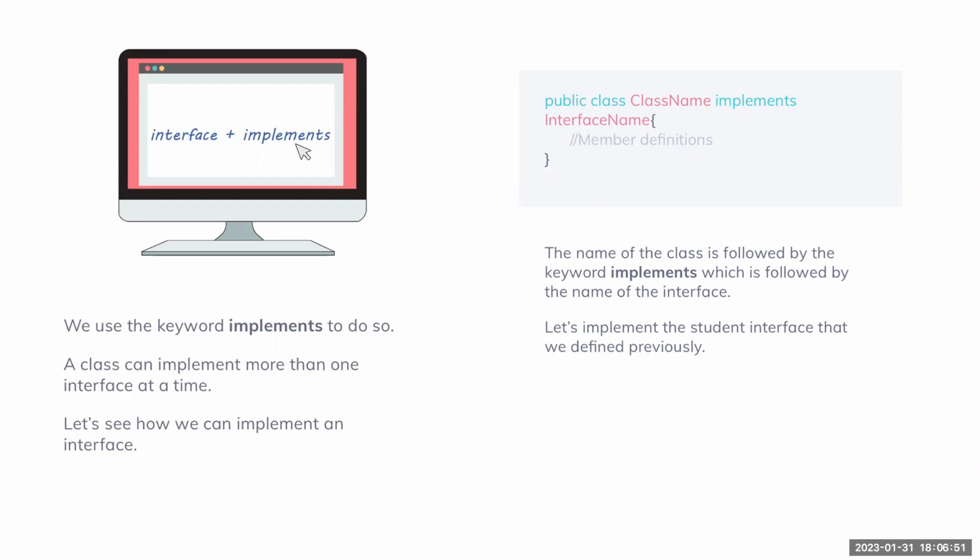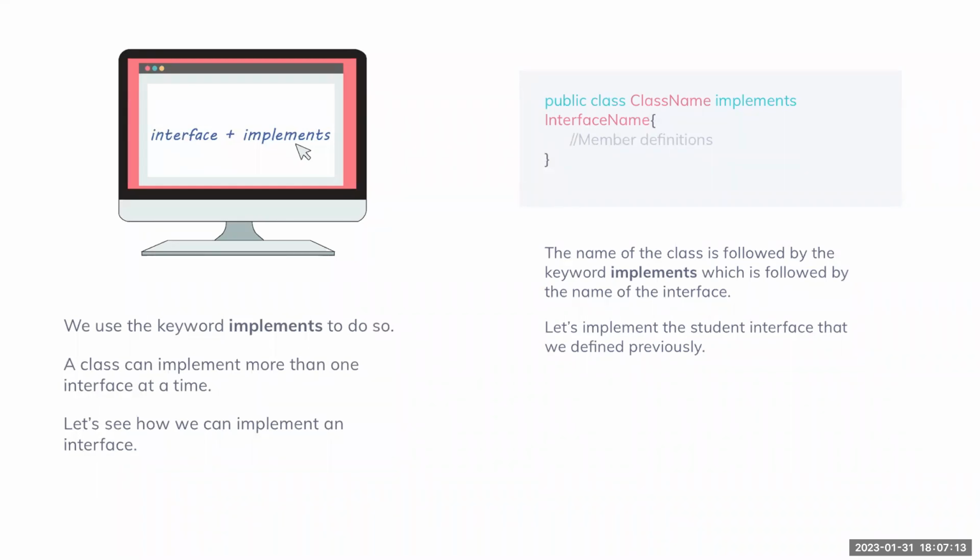So the name of this class is followed by the keyword implements, which is followed by the interface name. Once you write implements with that interface, you have to implement all the member definitions which are available in that interface.